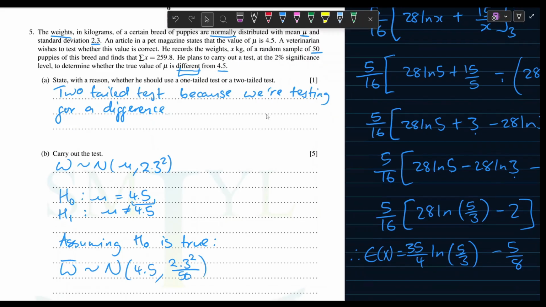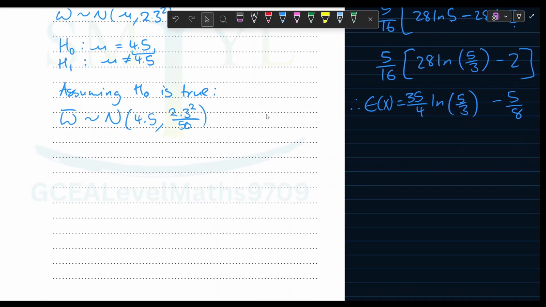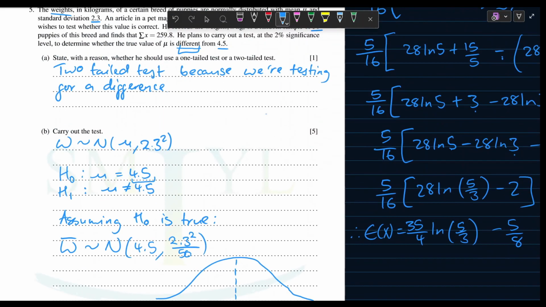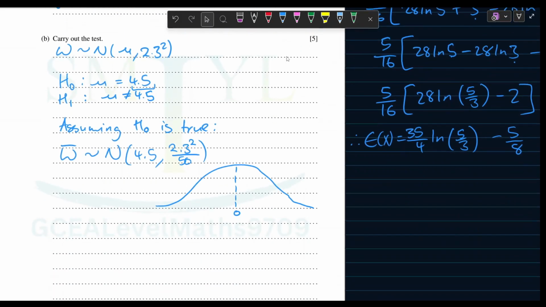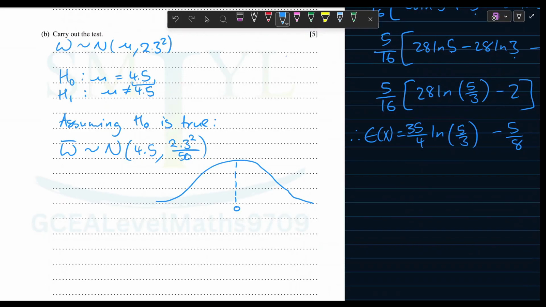Okay. And now we need to come up with a rejection rule for our test. So I'm just going to draw a bell curve so that we can visualize what is going on. This is a test at the 2% significance level, so it means we want 1% on either side.